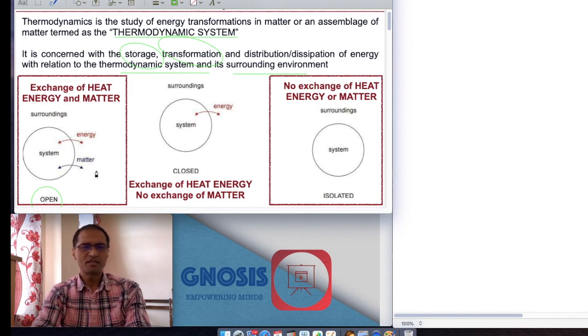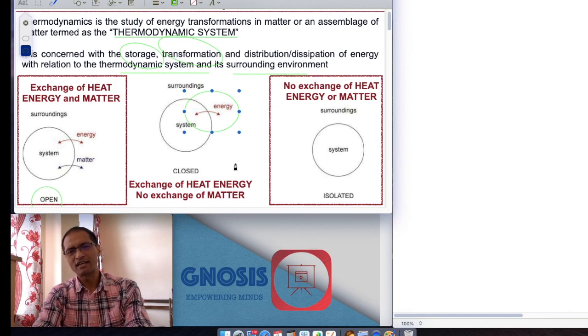Apart from this, we also have the closed thermodynamic system. Here you only have an exchange of heat or energy between the system and the surrounding, but you do not have any exchange of matter. This is called your closed thermodynamic system.